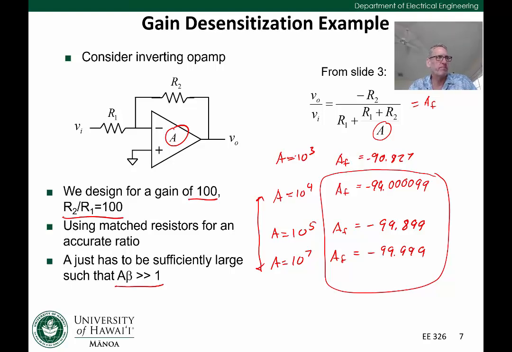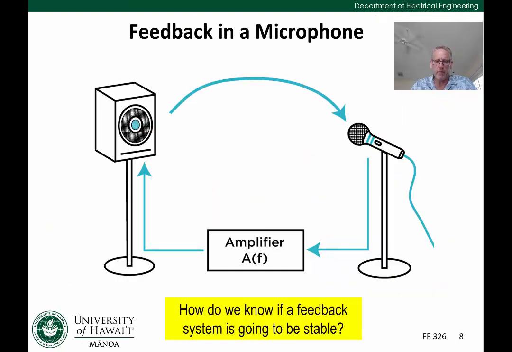All right, so let's talk a little bit more about feedback. I'm sure you've all experienced feedback. For example, if you're in a classroom and there's feedback in the microphone, you hear ringing in the speaker. If the microphone gets too close to the speaker, you hear this really hideous, loud noise. So what's happening there? You have some sound coming into a microphone, somebody's talking into a microphone.